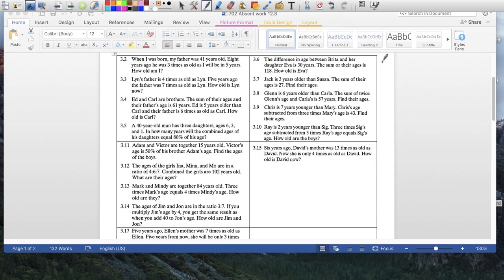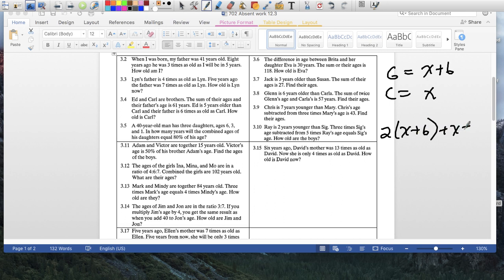Glenn is 6 years older than Carla. So again, here's Glenn, here's Carla. Let's call Carla X, and Glenn is 6 years older, so he would be X, whatever Carla is, plus 6. Once you identify each, the rest is easy. The sum of twice Glenn's age, so 2 times Glenn's age, in parentheses, and Carla is 57 years.